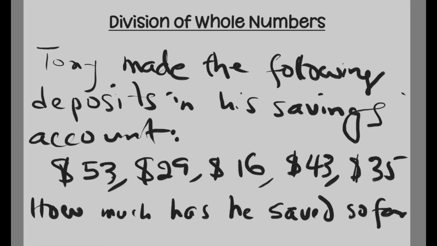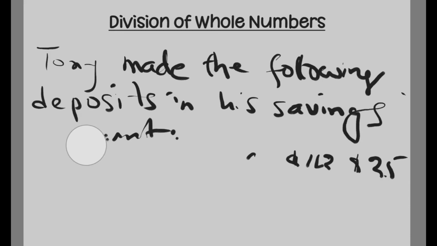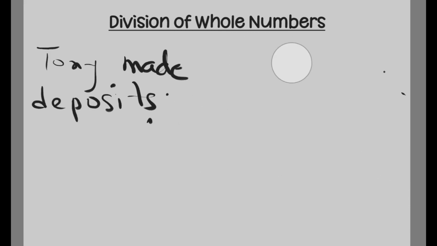So let's solve this question. So to solve this, the word deposit means that he's banking or he's saving the money. So he's putting the money somewhere, okay, for saving. This is a very simple one. They're asking you how much has it done completely. If you add everything together, how much is the total money that he has saved? So it's just addition.